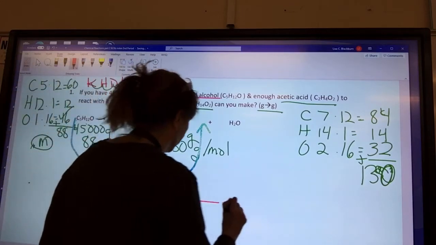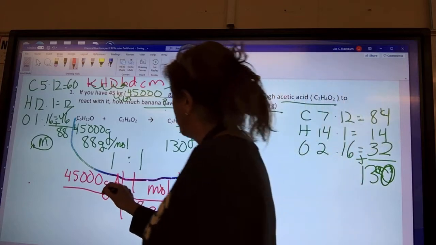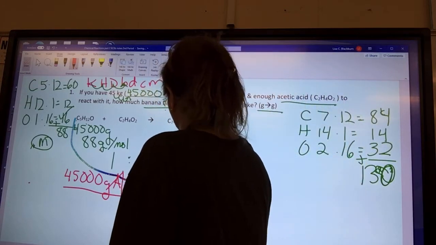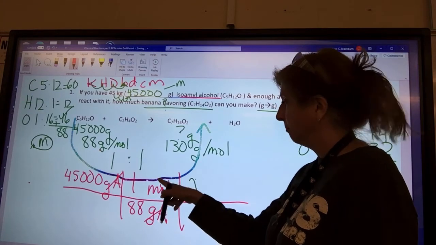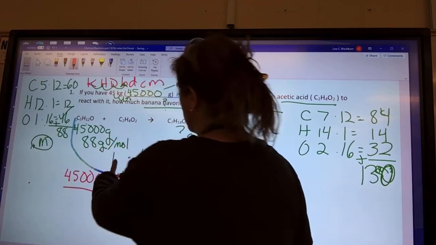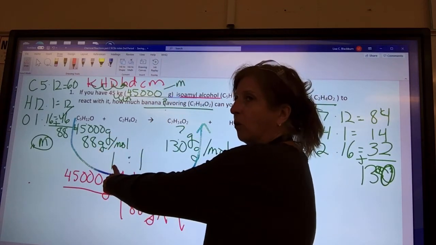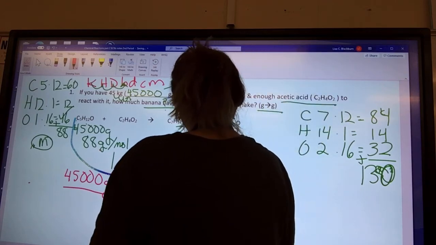Very good. Now, I don't have my grams of banana flavoring yet. I can mark out grams of alcohol, but now what needs to go down here so I can mark it out? Moles. These are moles, and right here are more moles.